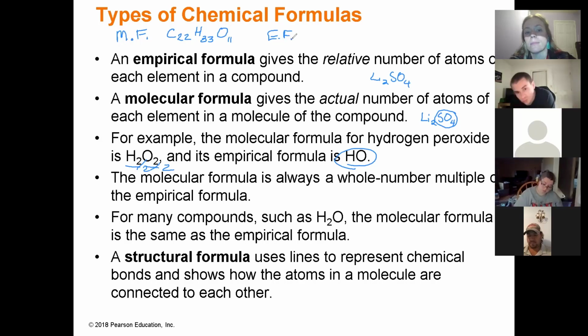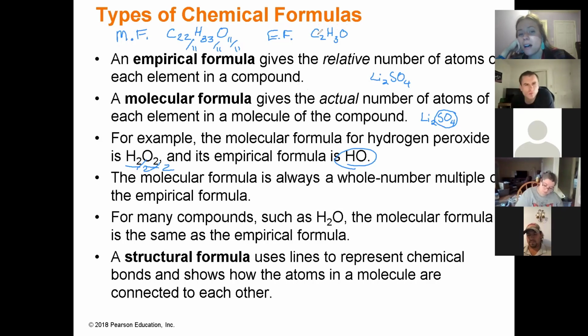Give yourself 20 seconds to maybe think that out. So going from the molecular to the empirical formula, can I divide these all out by something? Yeah, each of these can actually be divisible by 11. So the lowest ratio is going to be 2 carbons for every 3 hydrogens and every 1 oxygen.